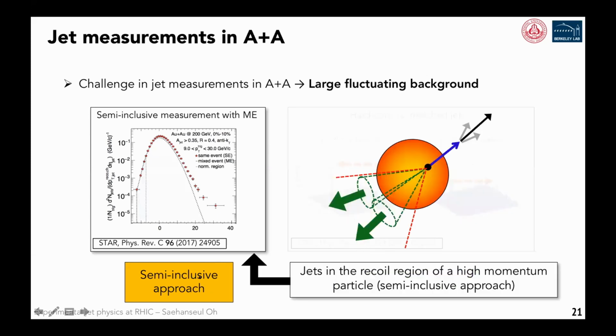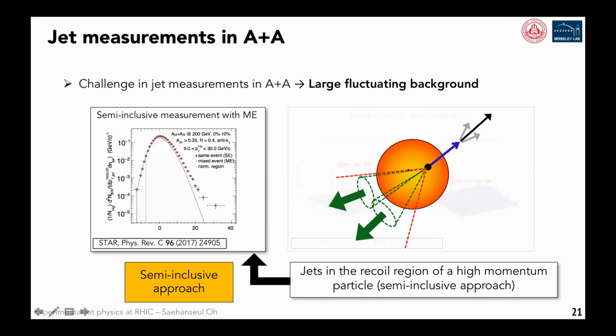First, with the semi-inclusive approach, we look at a high pT particle first. As I said, a high pT particle is definitely from a hard scattered parton. So once we have a high pT particle, we know that there's a corresponding high pT parton, and in the opposite direction, or the recoil direction, there should be a back-to-back hard scattered parton as well.